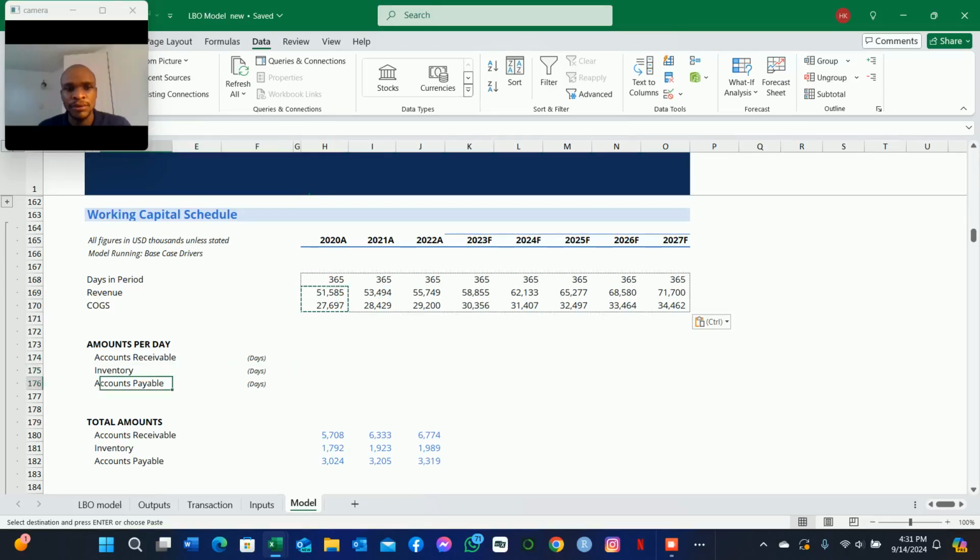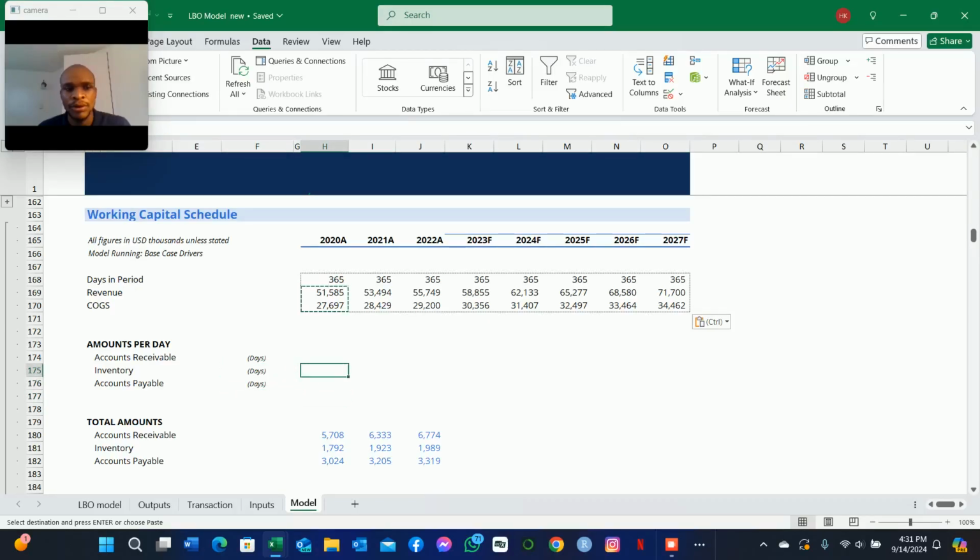We also have an assumption for the accounts payable days that we believe this company will be able to pay its current liabilities to its creditors. So we have it set up there.